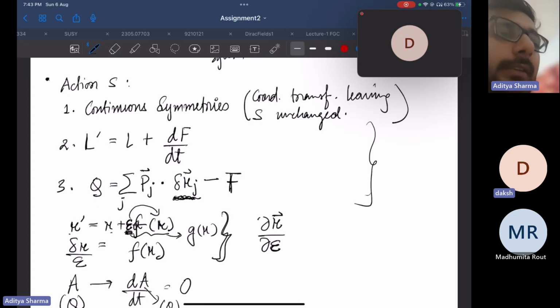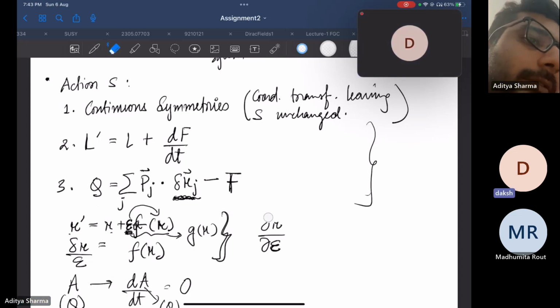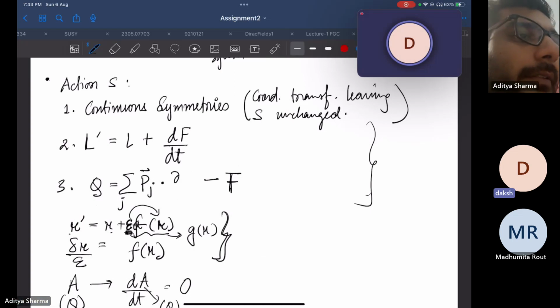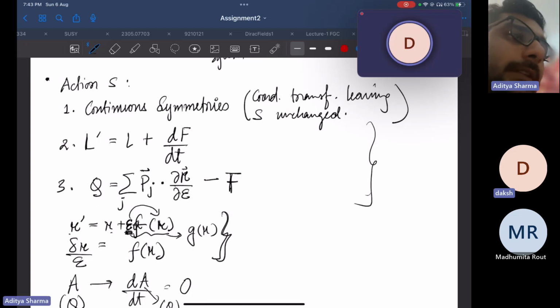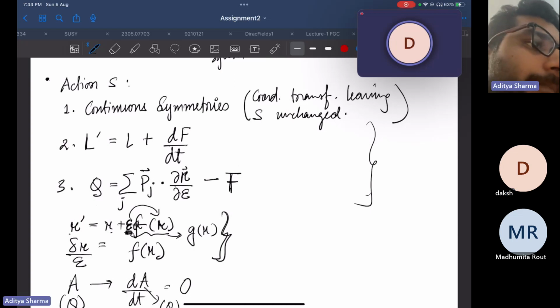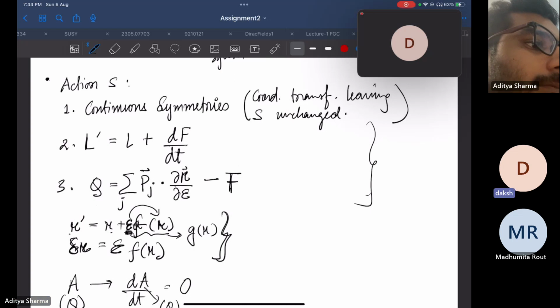Okay, I'm confusing you, so forget about this. This is better. But delta r, I mean to say, is this only. Delta r is the change, the difference, r prime minus r.